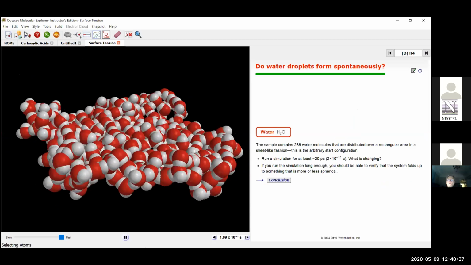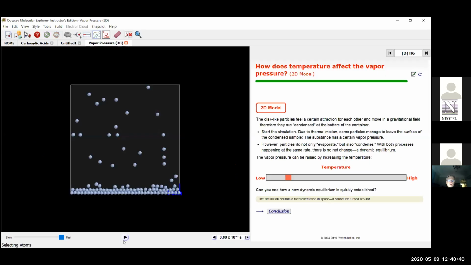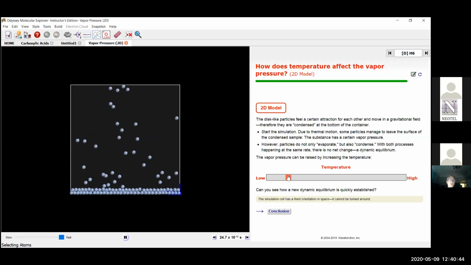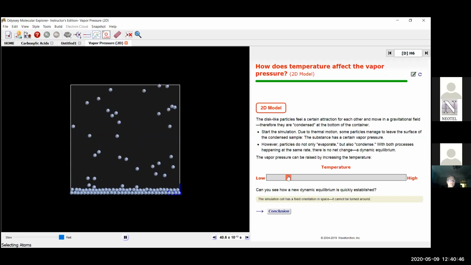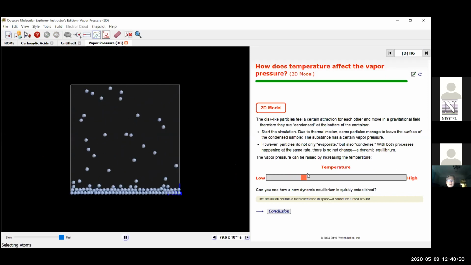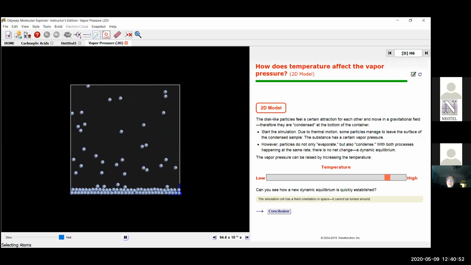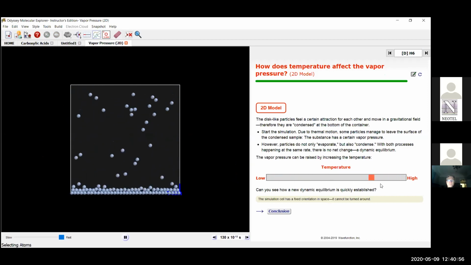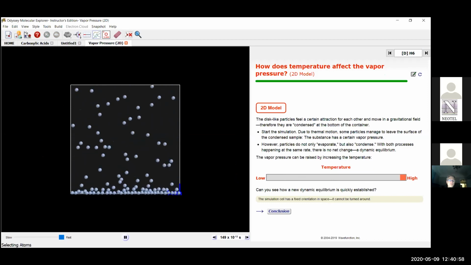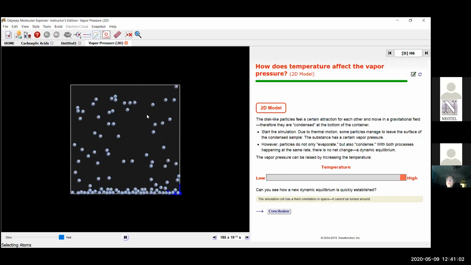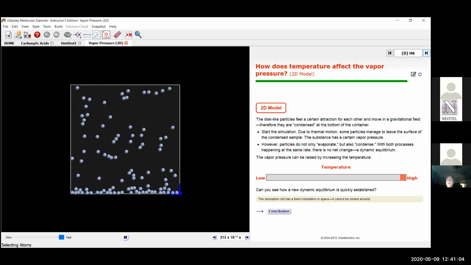And here, a vapor pressure illustration. This is a 2D model, very unusual. 99.9% of the models in the program are 3D, but once in a while, 1 in 500 models or so will be 2D, as here, illustrating the temperature dependence of the vapor pressure.